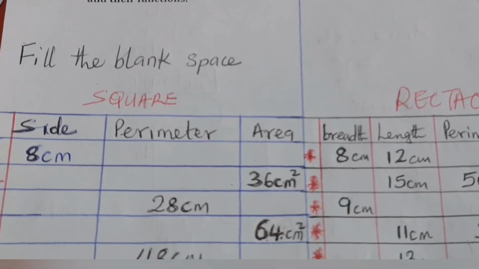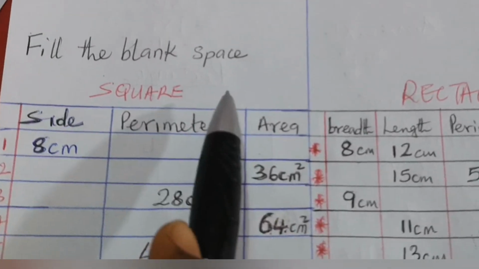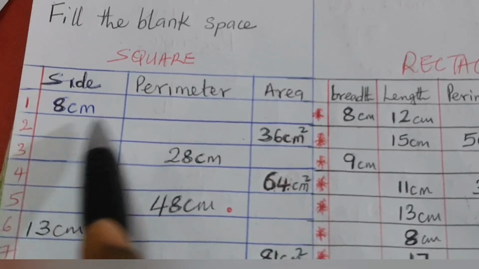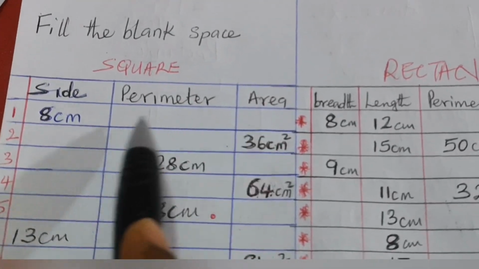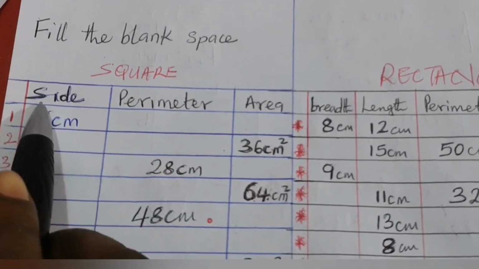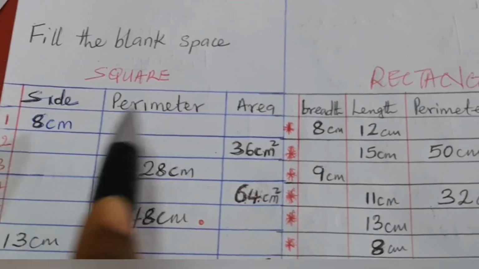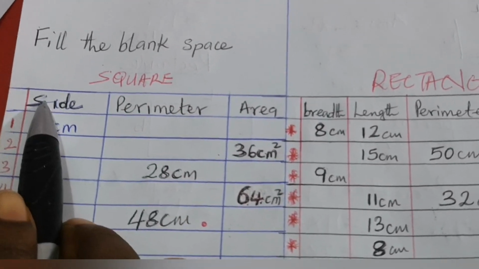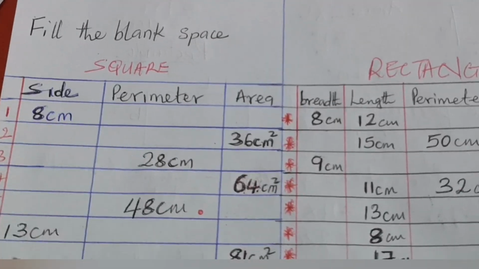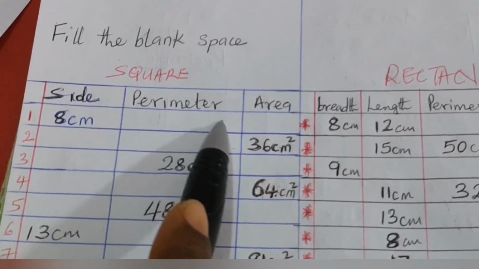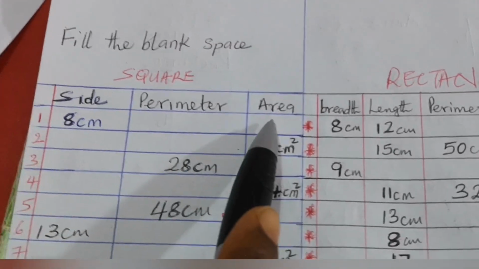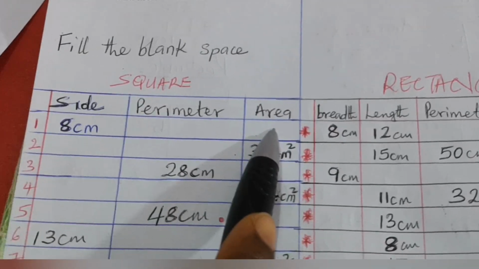We have an exercise here. Fill the blank spaces. The first one here, this side is for a square. We have the sides here. We have to fill here for the perimeter and here for the area.